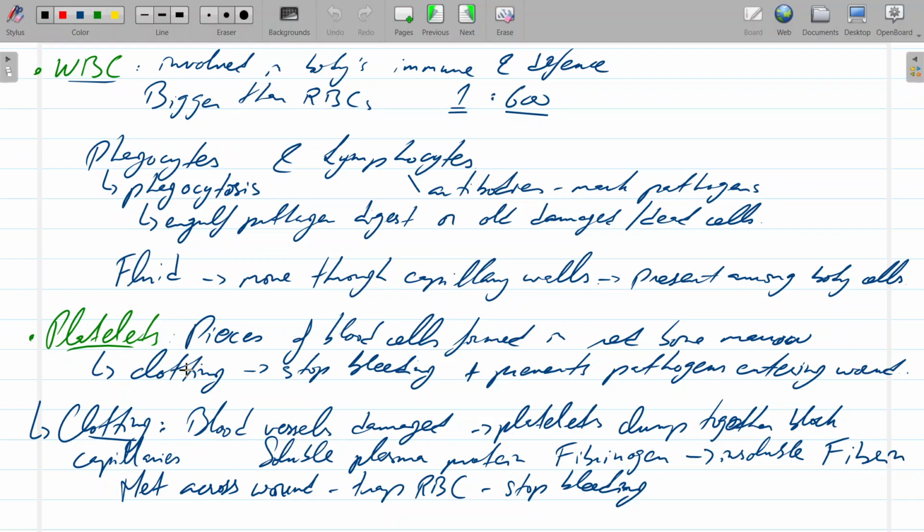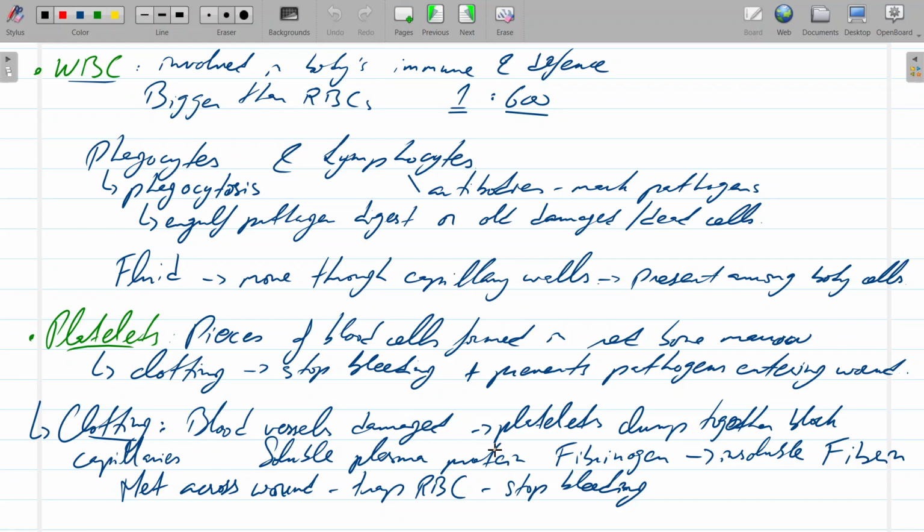Then you've got the platelets, and these are pieces of blood cells formed in the red bone marrow. The white blood cells and the red blood cells are all formed in the bone marrow, and they are involved in clotting of blood, which stops bleeding and also prevents pathogens from entering. But as far as clotting is concerned, when a blood vessel gets damaged, platelets clump together to block the capillary.